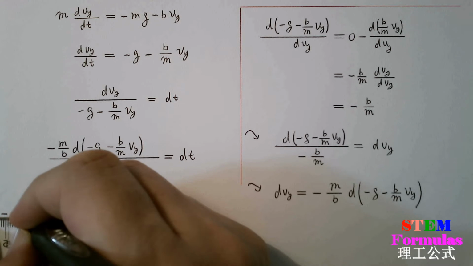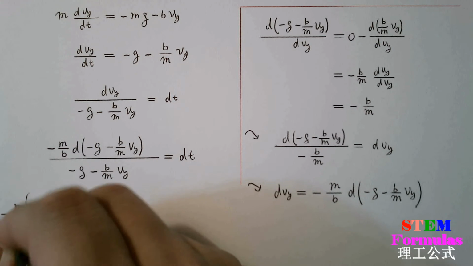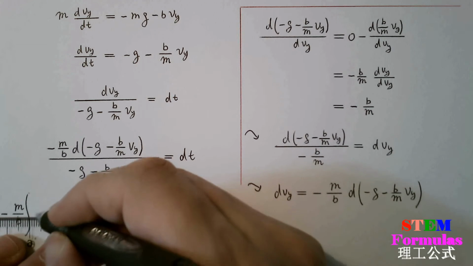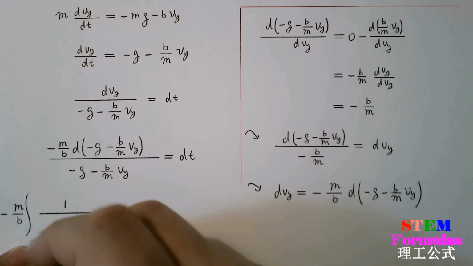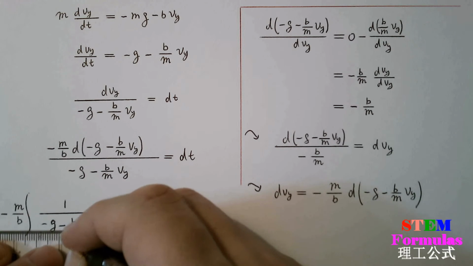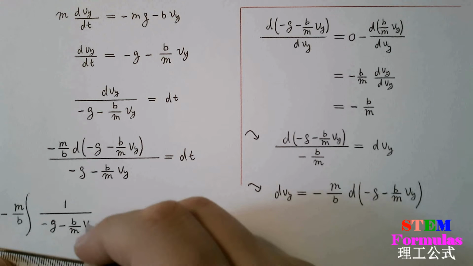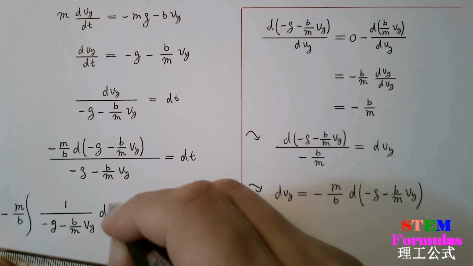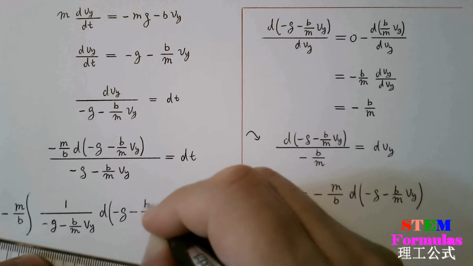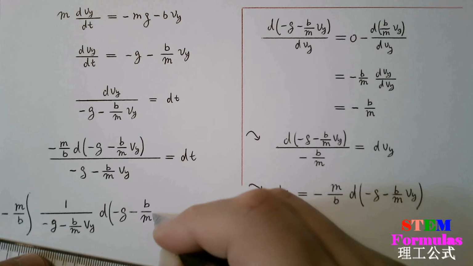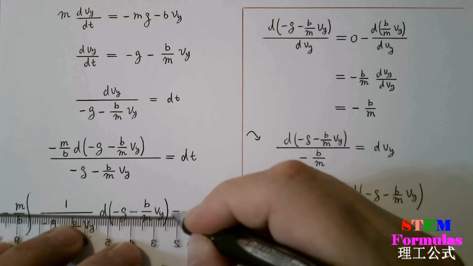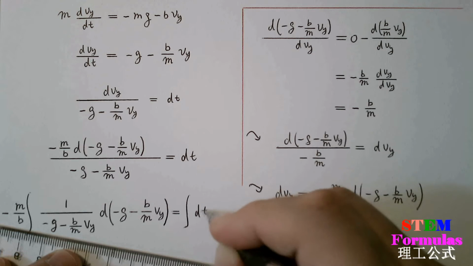Minus m divided by b, and the integral of 1 over minus g minus b divided by m vy, d of minus g minus b divided by m vy, equal to the integral of dt.